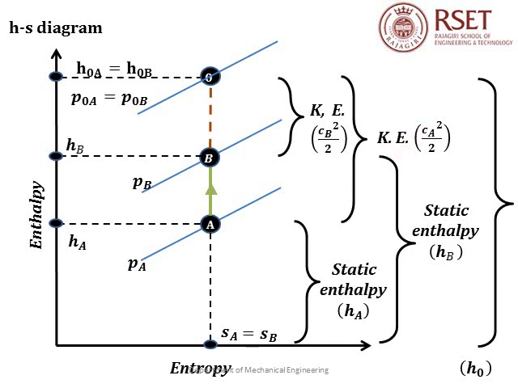To the point B, we have the static enthalpy HB, and from B to 0 is the kinetic energy possessed by the fluid at point B. Since it is moving from a restricted area to a larger area, the kinetic energy will be reduced, and that reduction will be reflected as increase in enthalpy. So because of this, the static enthalpy at B is larger than the static enthalpy at A, and the kinetic energy at A is greater than kinetic energy at B.